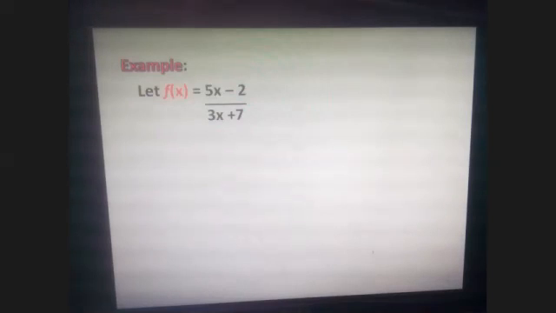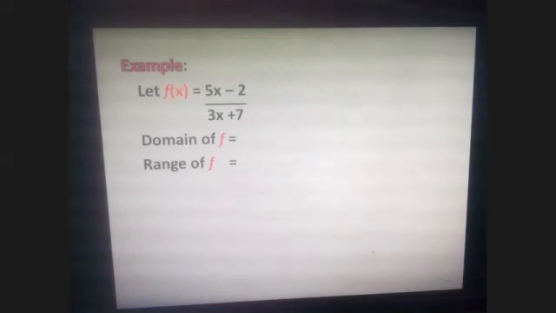Can anyone tell the domain? Now what will be the domain of this function? Nothing to worry, the denominator should not be 0. 3x plus 7 should not be 0.